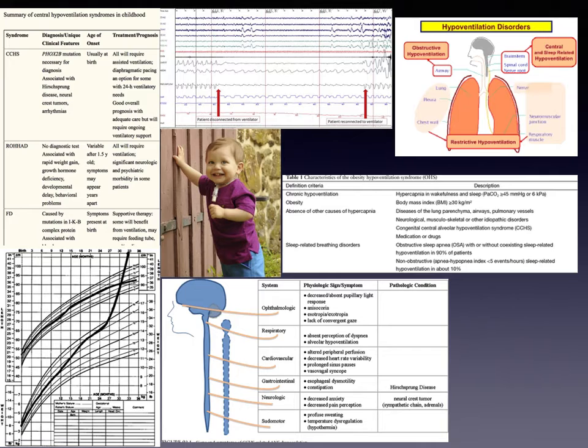There may be ophthalmic clues to a diagnosis of CCHS as well. These kids may have sluggish or absent pupillary light reflex, strabismus, or convergence insufficiency. Patients presenting late in the course may have evidence of right heart failure or be developmentally delayed.